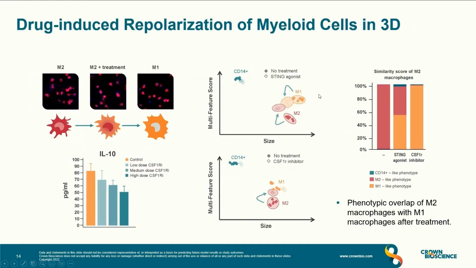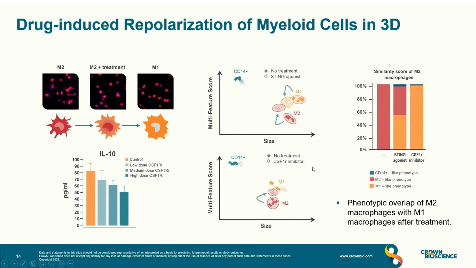If we then start looking at drug responses in our 3D setups, we see that we can go from M2 macrophage polarization to M1 macrophage polarization by adding different treatments like the STING agonists or CSF1R inhibitors.